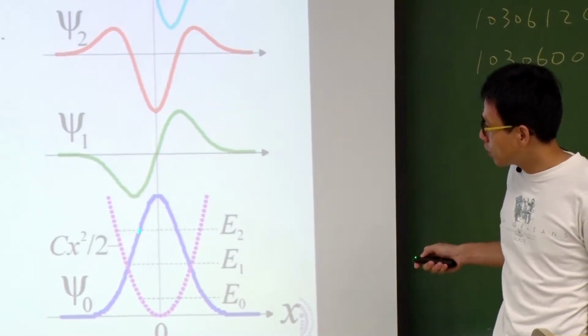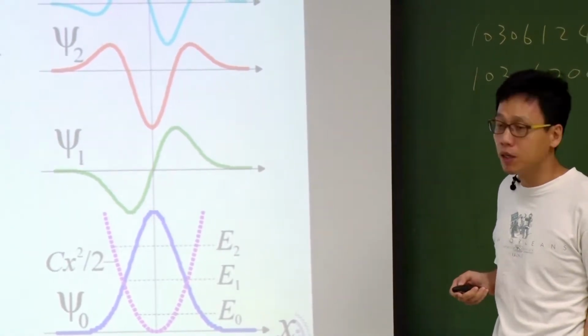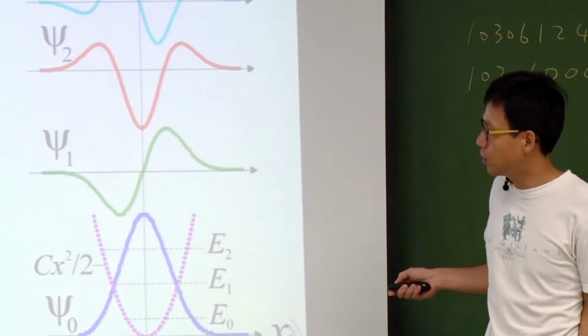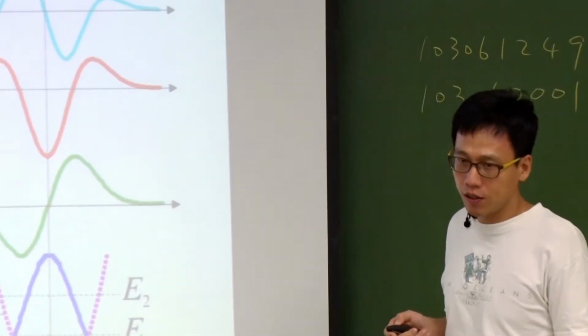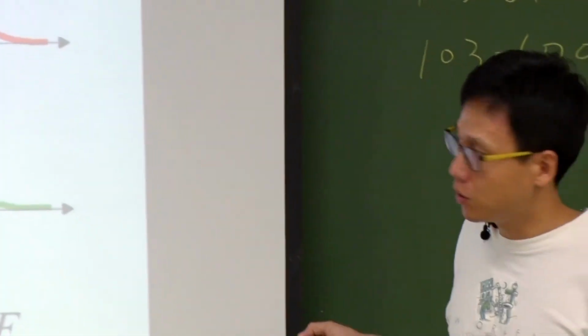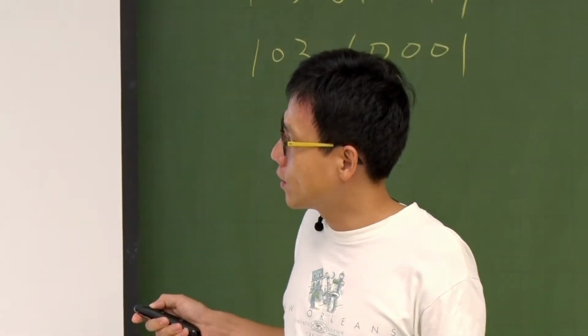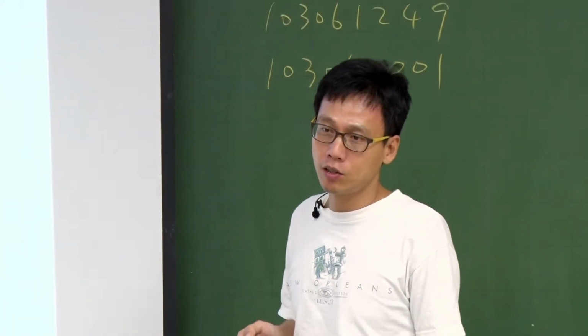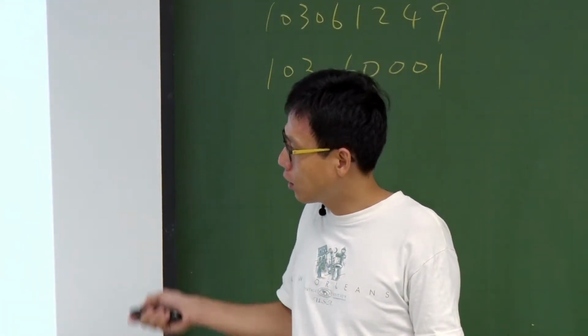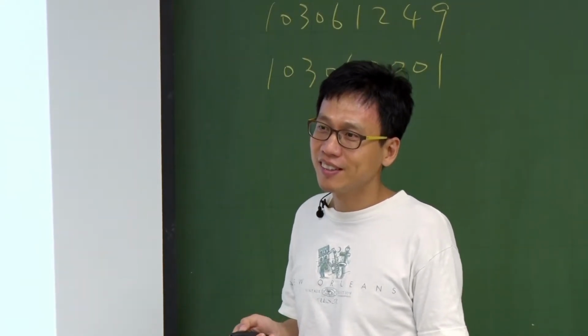And the blue curve is the fundamental mode of the permitted wave function. The green one is the first higher order mode. The red one is the second higher order mode. The cyan one is the third higher order mode. They are Hermite-Gaussian functions. Okay.